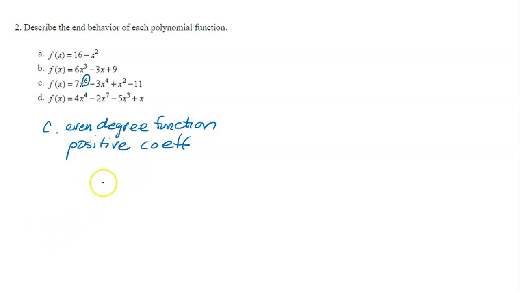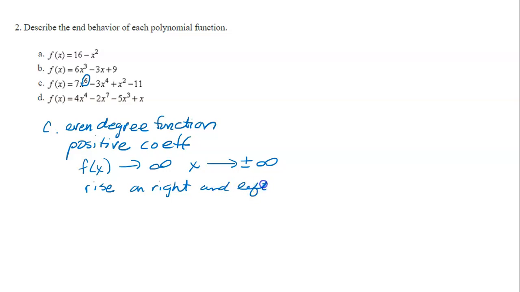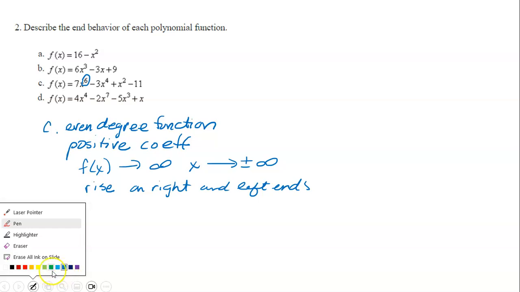So we have an even degree function with a positive coefficient. If I go back and I look at the slide, I get this. So it rises on the right and left. Okay.